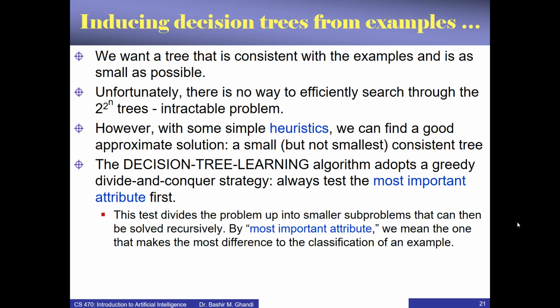Okay, so what this algorithm does is it divides the problem into smaller subproblems that can then be solved recursively by choosing the most important attribute first each time. By the most important attribute we mean the one that makes the most difference to the classification of an example. So again, we shall see this later in the lecture.